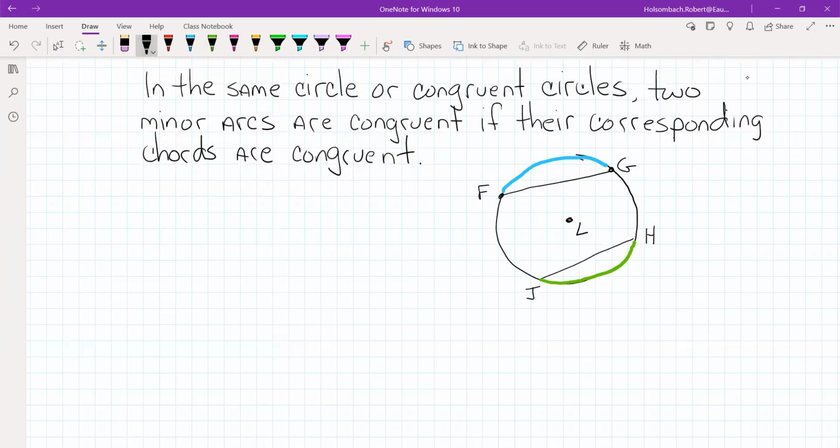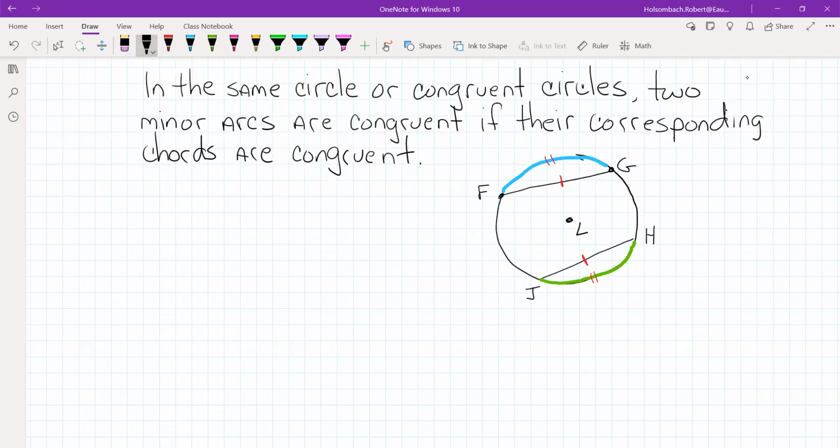What the rule says is that the arcs are congruent if their corresponding chords are congruent. So if FG here is the same length as JH, then this arc FG will be the same measure as arc JH.